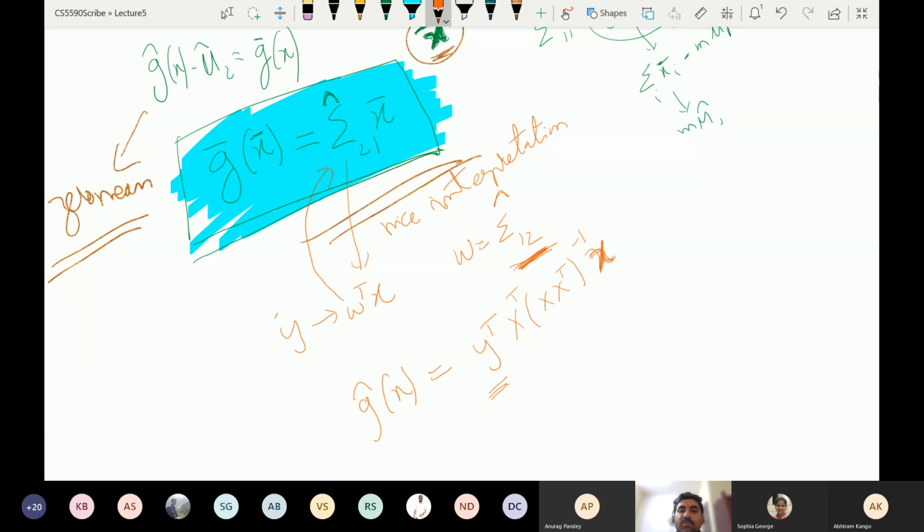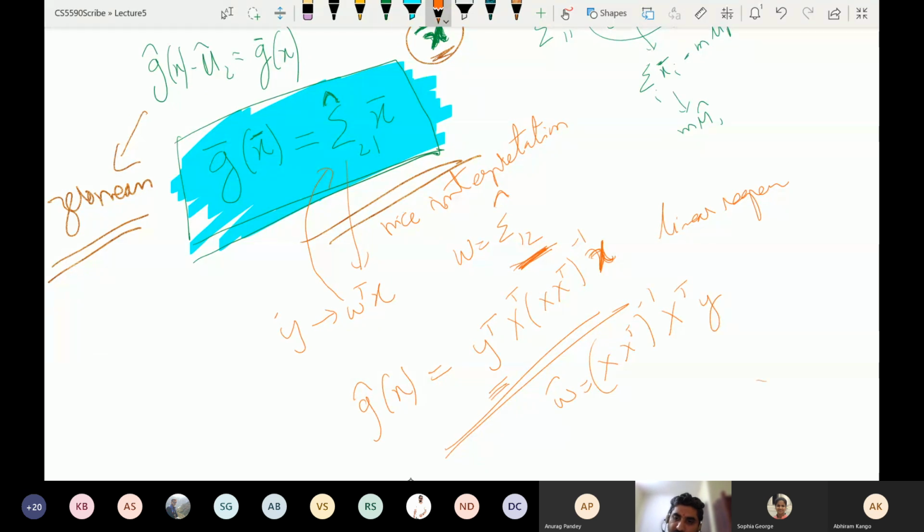Okay, so this is what turned out to be in case of linear regression, because W was estimated as x x transpose inverse x y, right? So was it x transpose or x into y?